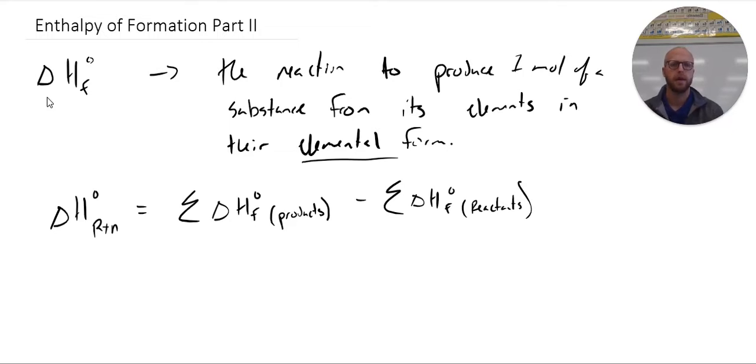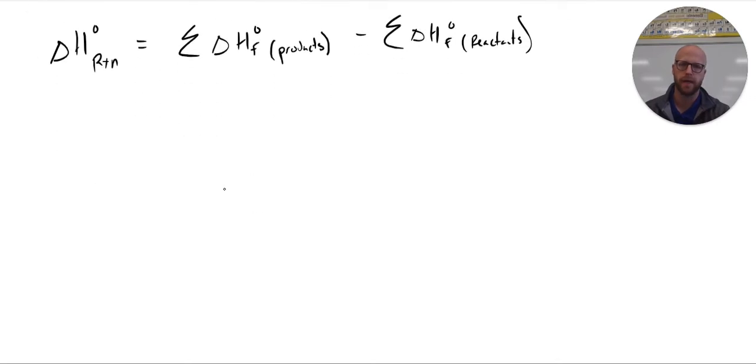Okay. So since enthalpy is a state function, we can go ahead and use that. If I know the delta H of formations for all of my products and all my reactants, I can find the overall change for the reaction.